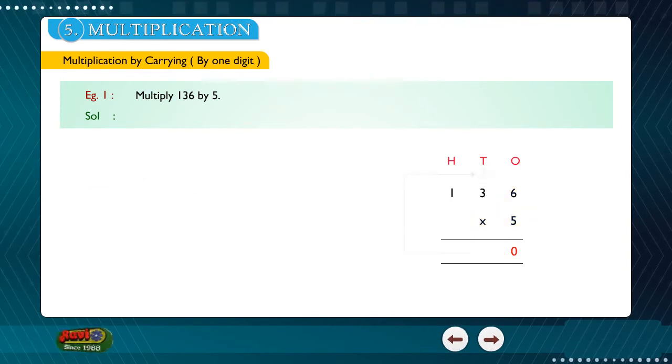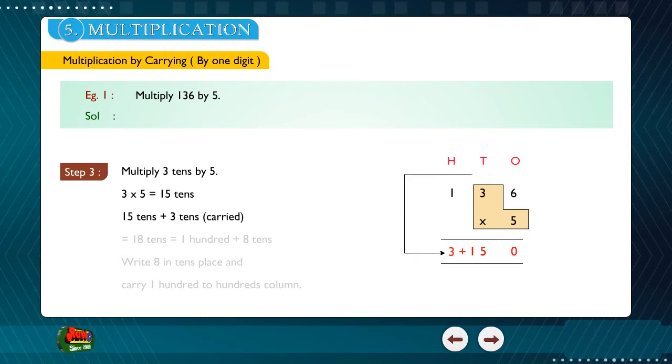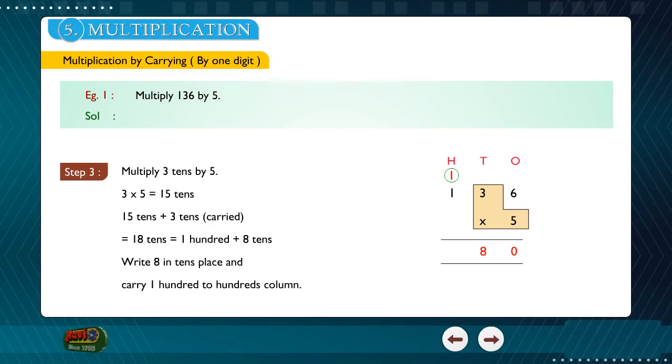Step 3. Multiply 3 tens by 5. 3 into 5 is equal to 15 tens. 15 tens plus 3 tens carried is equal to 18 tens is equal to 100 plus 8 tens. Write 8 in tens place and carry 100 to hundreds column.